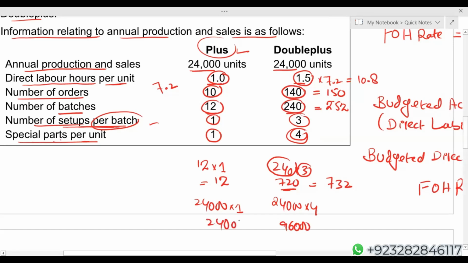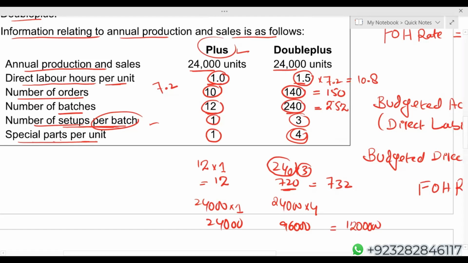So for plus, special parts required are 24,000. For double plus, special parts required are 96,000. Why 96,000? Because in double plus, 1 unit needs 4 special parts. So the total is 1,20,000.